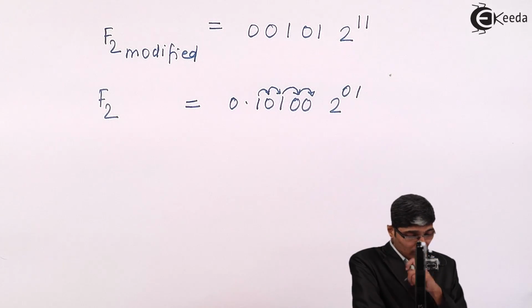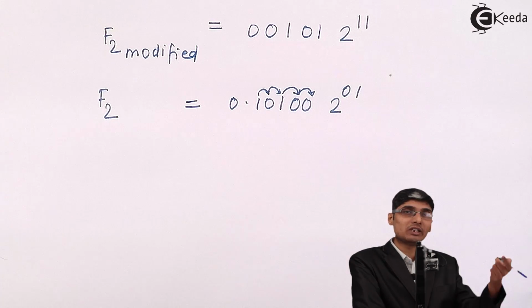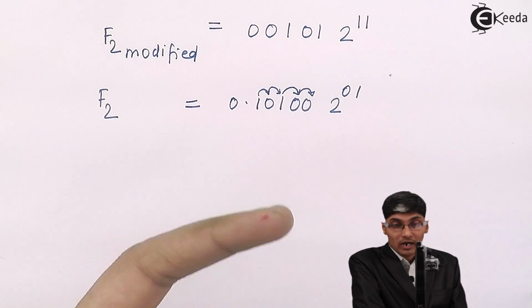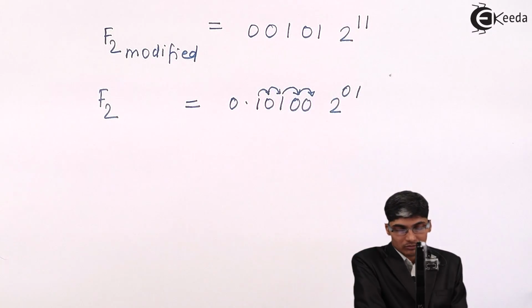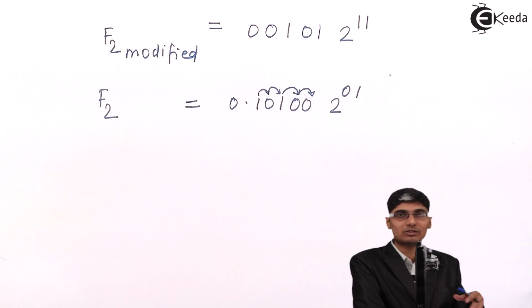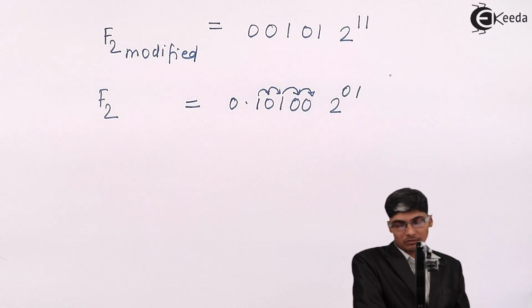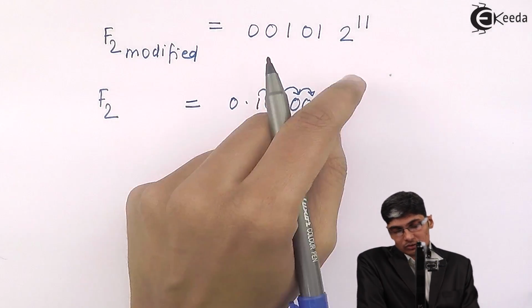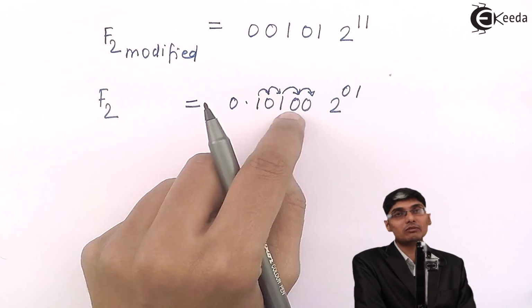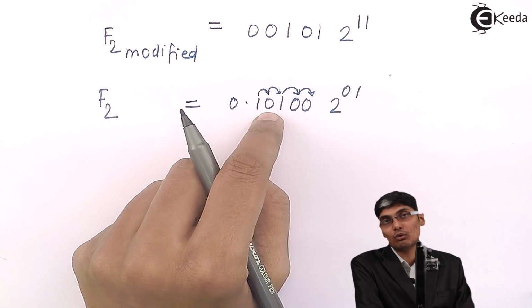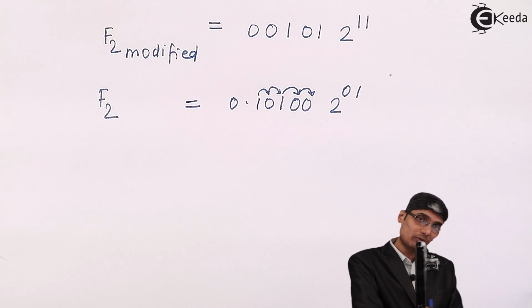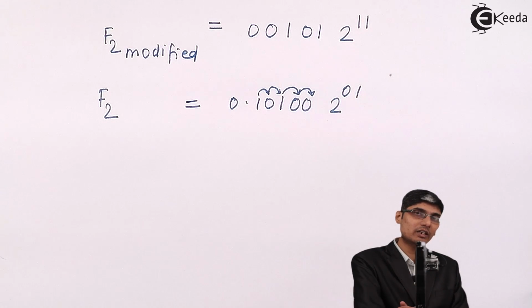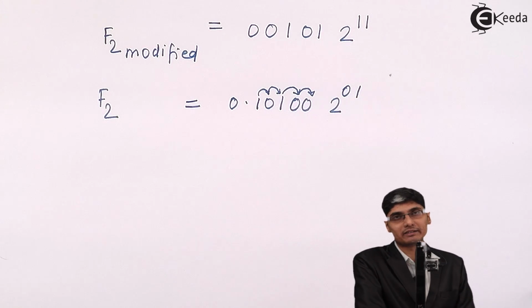Because I increased from 1 to 3, I went from 2 raised to 1 to 2 raised to 3. So I have increased the order. That's why the number should not change. The number should not increase in magnitude. If you directly put 2 raised to 3 and keep the bits the same, then the number will be wrong. It will not be 5 by 4. So you need to shift. How many times? 2 times. Because I want 1, 1 over there. So 2 shifts in the index gives me 2 shifts in the mantissa.